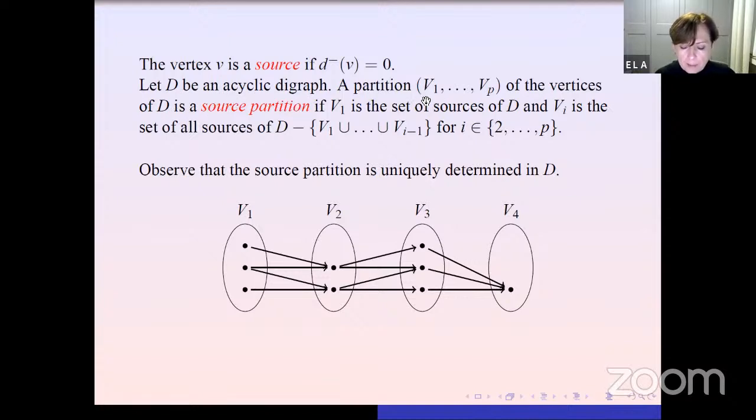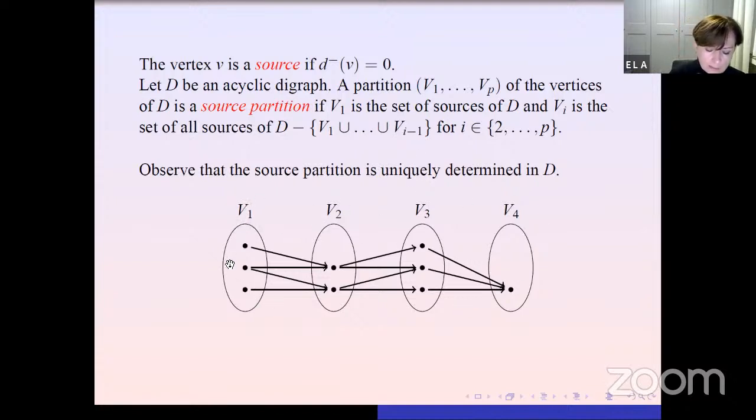So a partition V1 to Vp of the vertices of the digraph is a source partition if V1 is the set of sources of D, and Vi is the set of sources in the digraph D minus V1 up to V(i-1). So maybe on this picture.